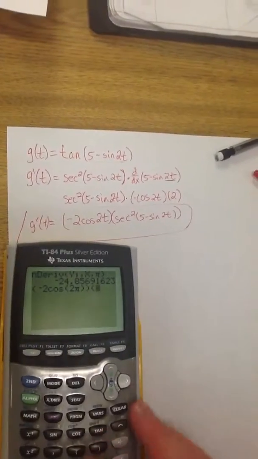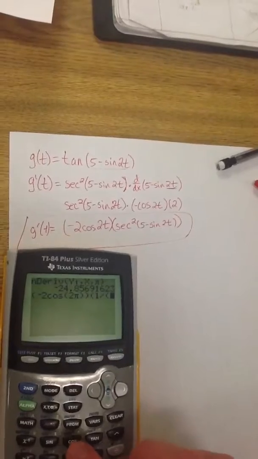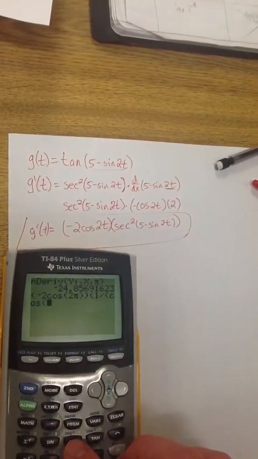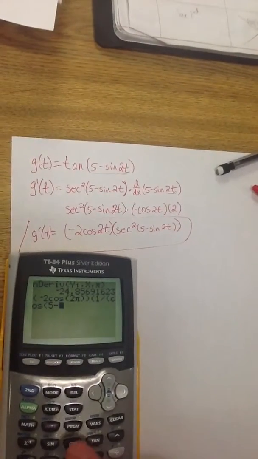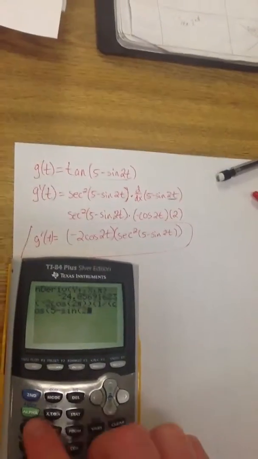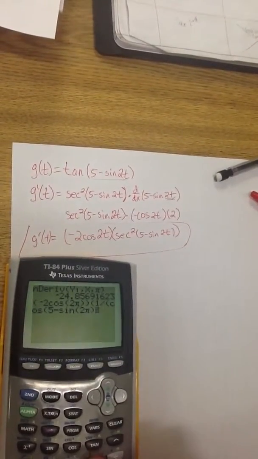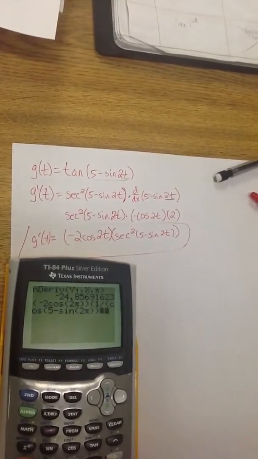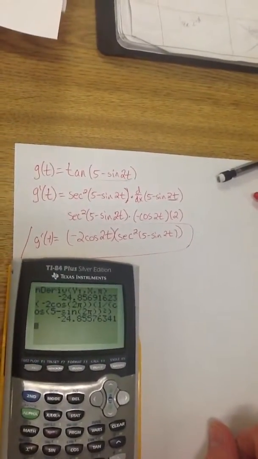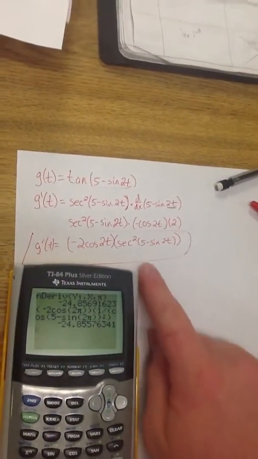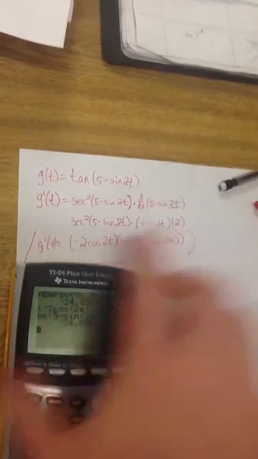Secant's 1 over the cosine, so I need to go 1 over, using parentheses, cosine of 5 minus the sine of 2 pi, close that, square it, close that. Got it. So that one's kind of a hard one to check because there's a lot of parentheses going on, you've got to be careful, but it worked.